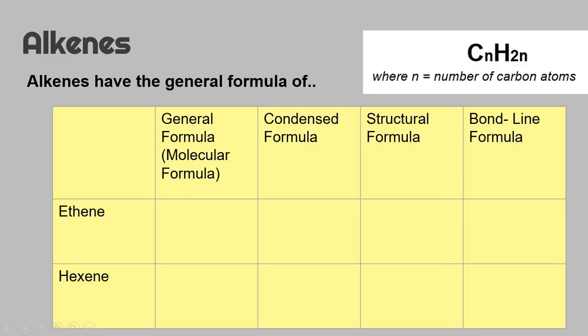Okay, next. So this is another exercise for you to try. You can pause the video and then see the answers. Let me write the answers. C2H2n. So eth stands for 2 in double bond.